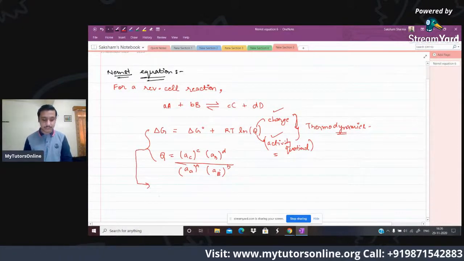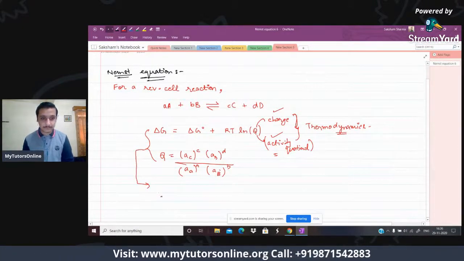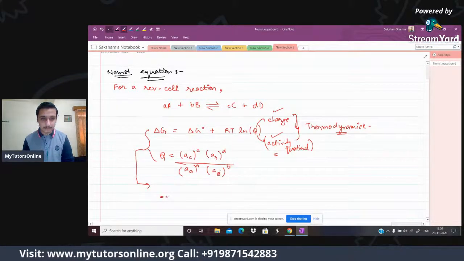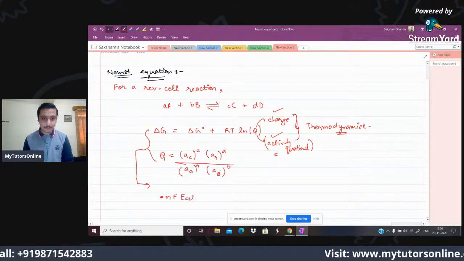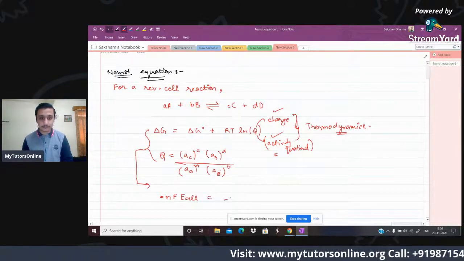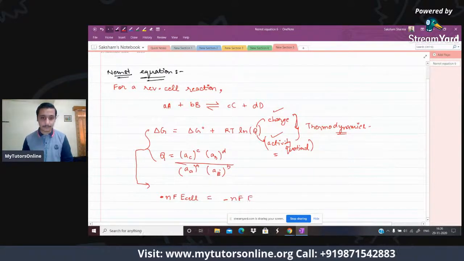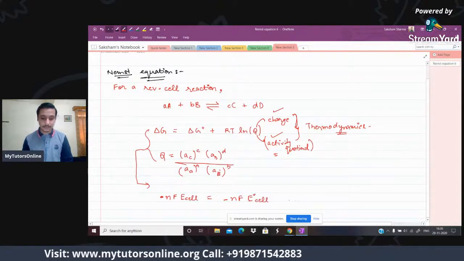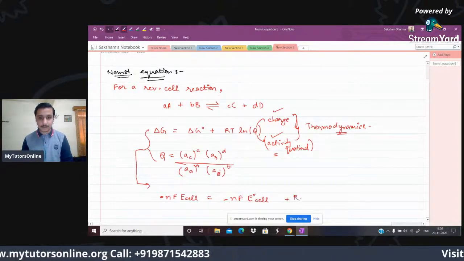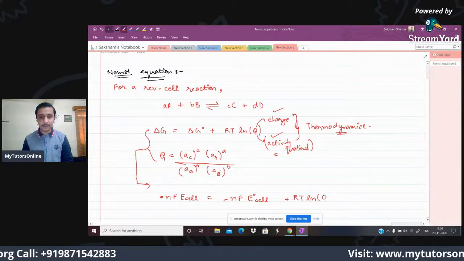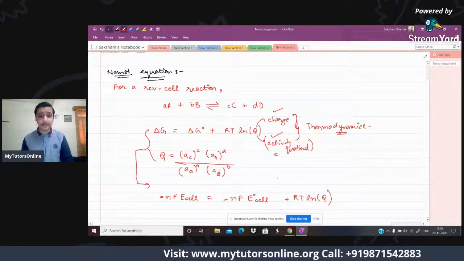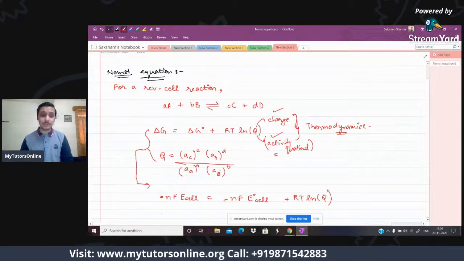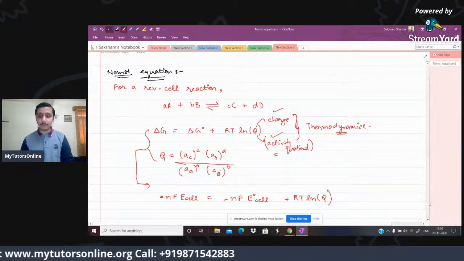So your Nernst equation is something like this: minus nF E cell equals minus nF E naught cell plus RT ln(Q). Your derivation is not important for board exams, but your Nernst equation is very important.